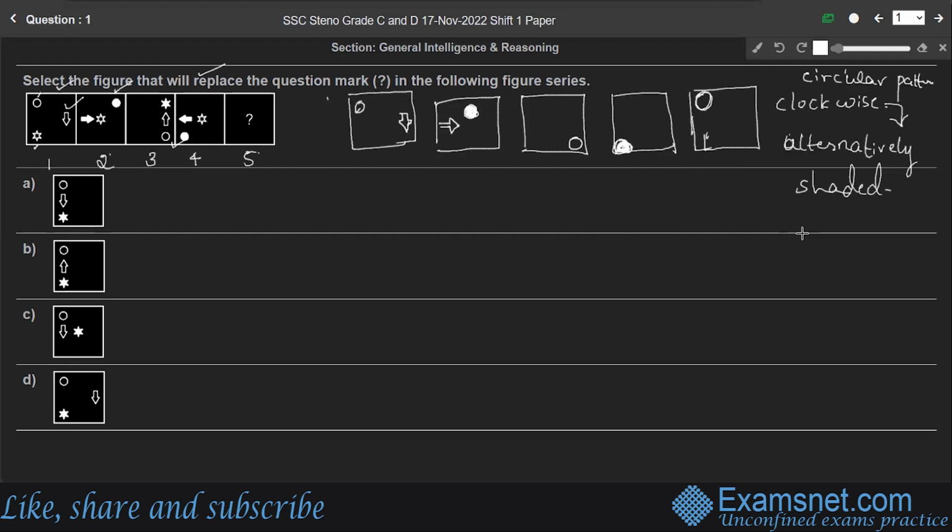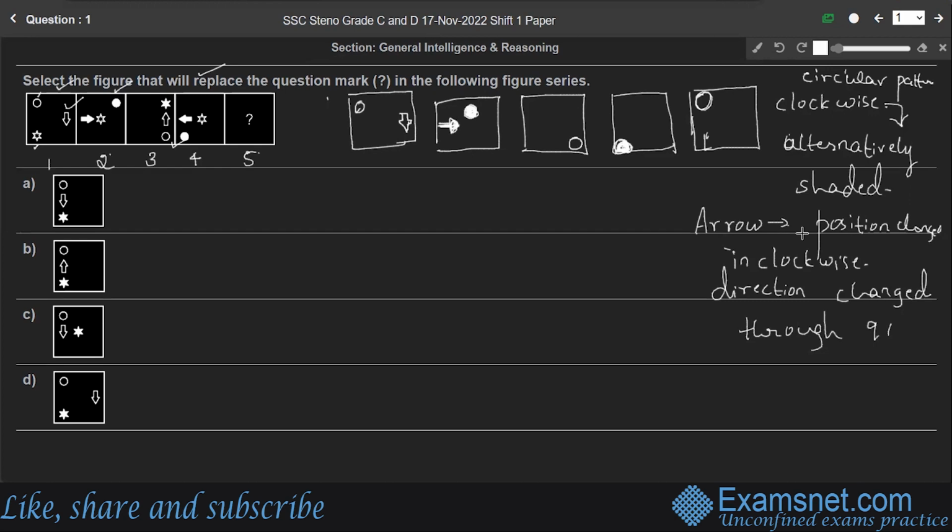It changed to the next position in clockwise manner. Its position is changed in clockwise manner, and its direction is also changed through 90 degrees in anti-clockwise manner.